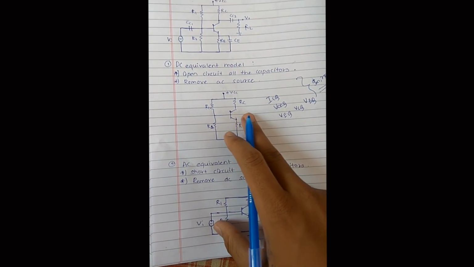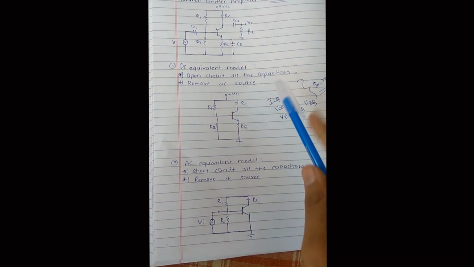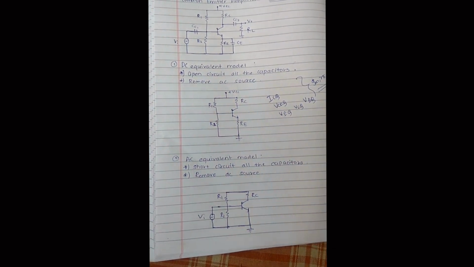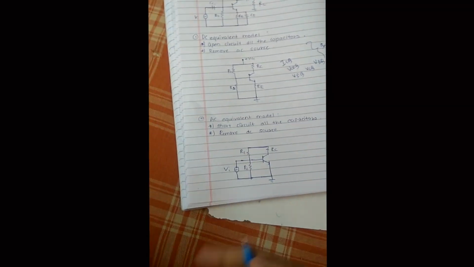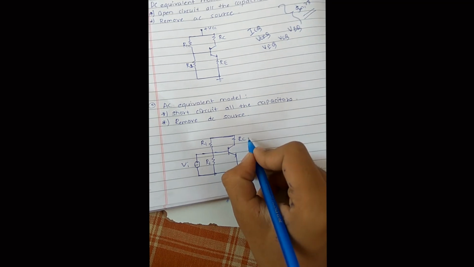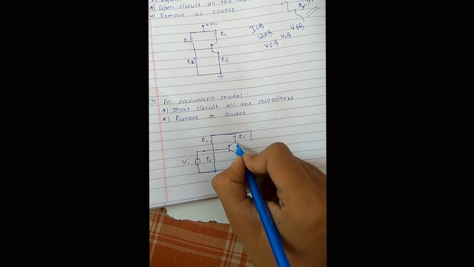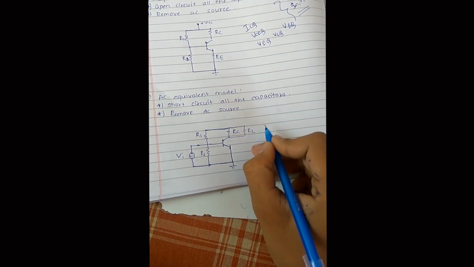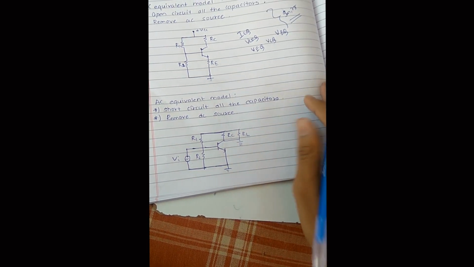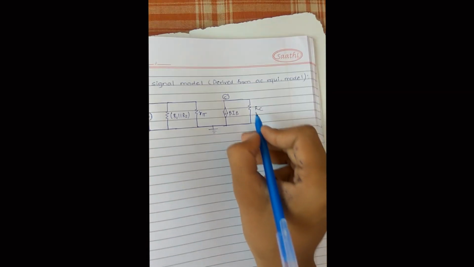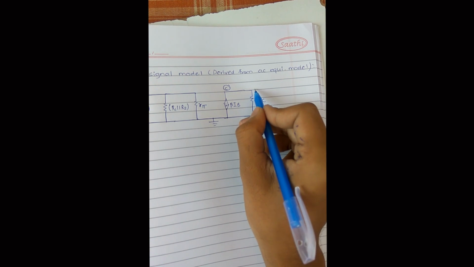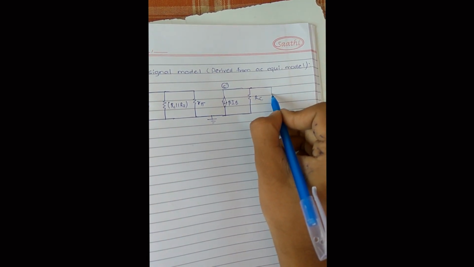It will not be available in the DC equivalent model because the capacitor will be open circuited, so the DC equivalent model will look like this only. But in the AC equivalent model, RL will come in parallel to RC, and accordingly in the small signal model also it will come in parallel to RC.